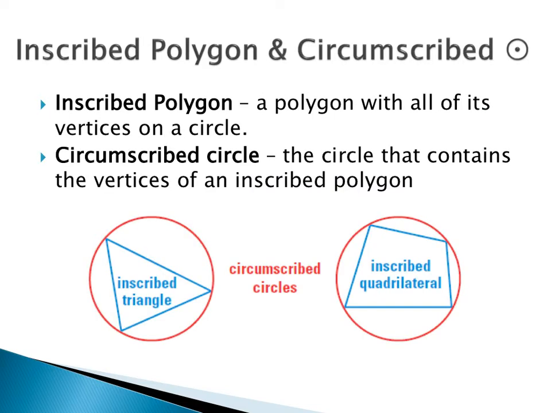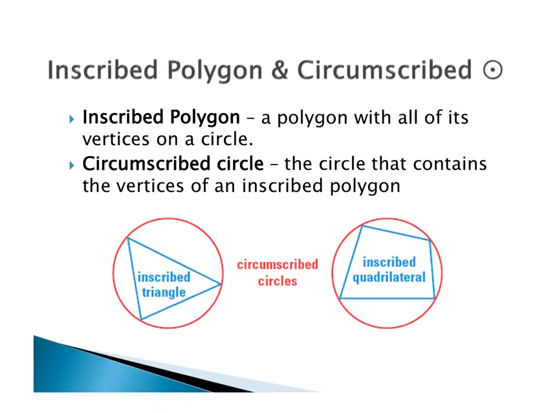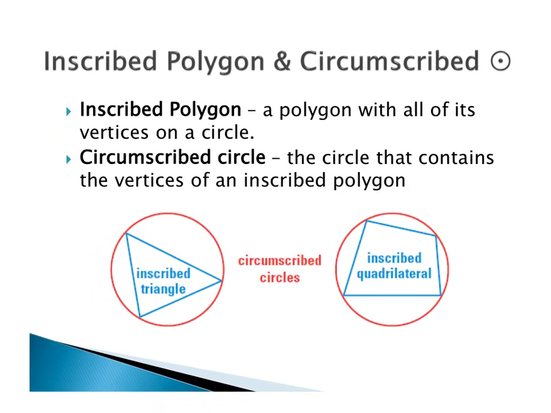Next, we have the definition of inscribed and circumscribed. An inscribed polygon is a polygon with all of its vertices on a circle. So we could say that the polygon is inside the circle. Inscribed, inside. A circumscribed circle is a circle that contains the vertices of an inscribed polygon.